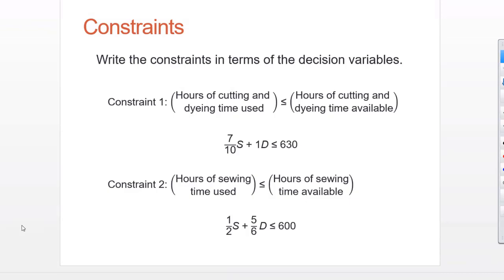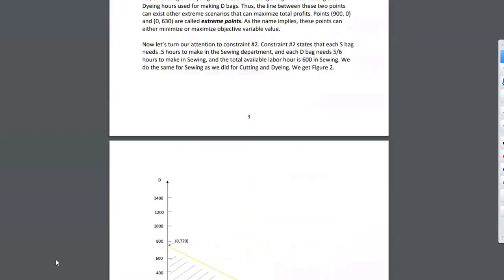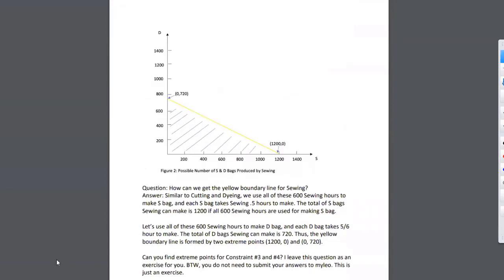Then you use 600 completely on deluxe bags: 720, yes, 720. And then you find these two extreme points. I use the yellow line, right? Now it's not a puzzle to you, right? You understand why I spent 2 days drawing this. It's meaningful.